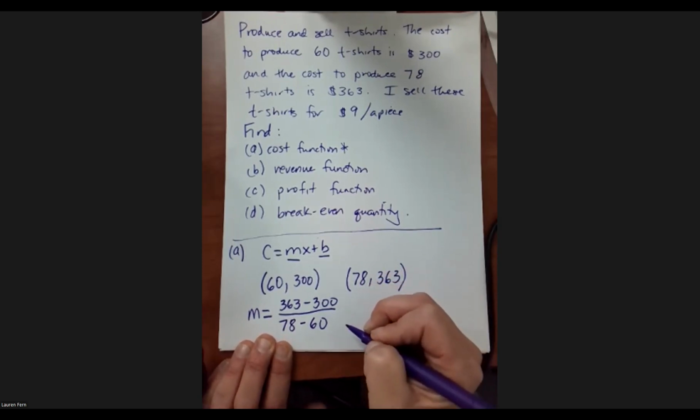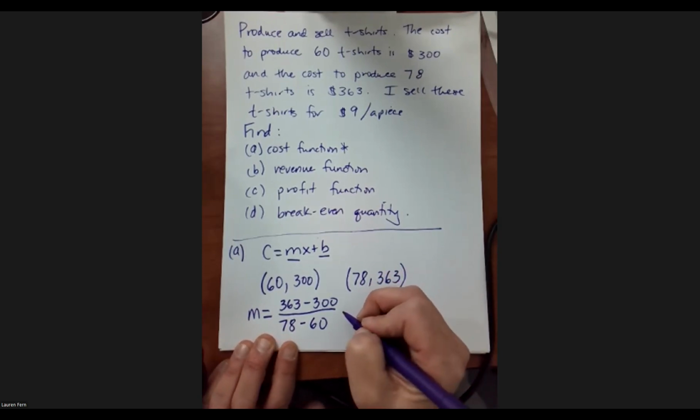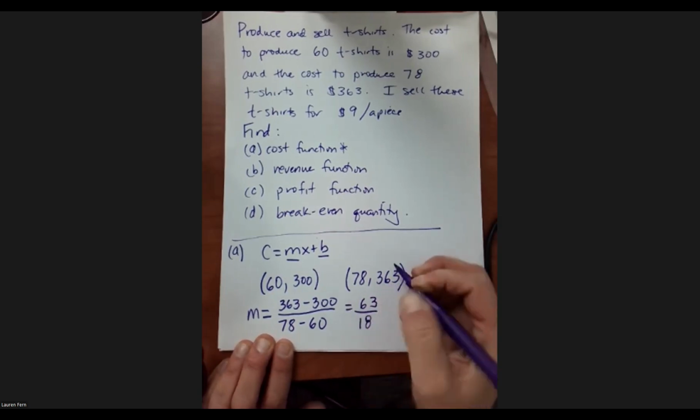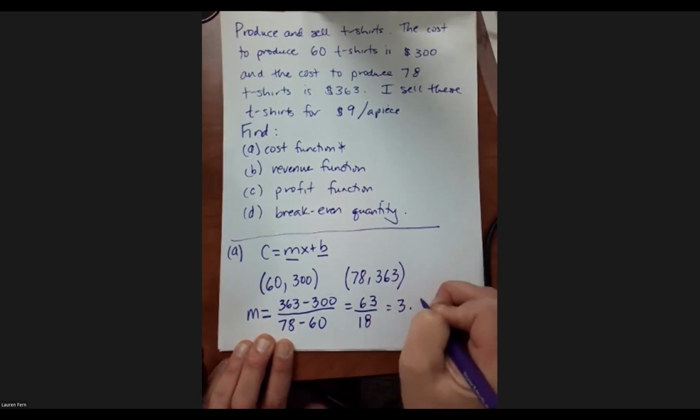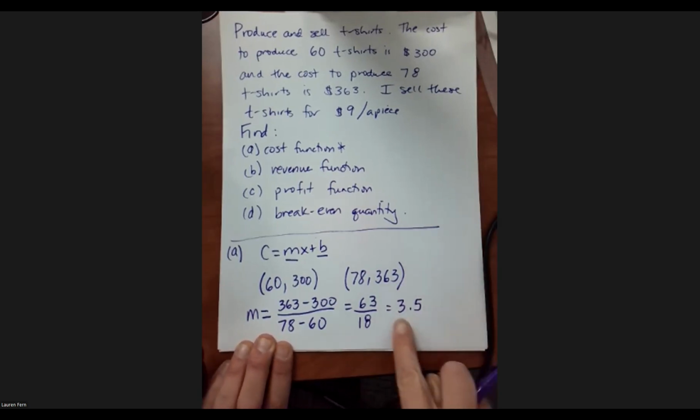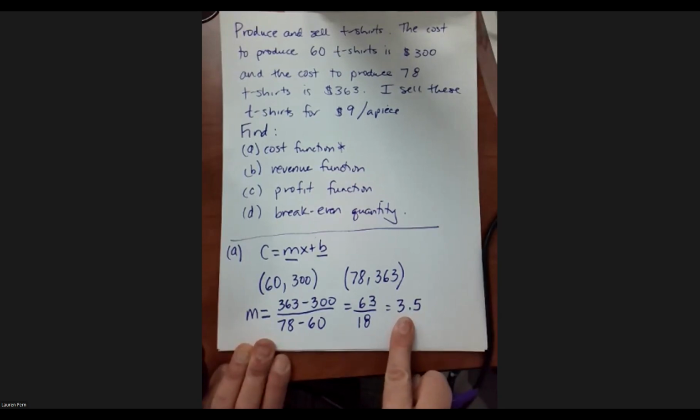I intentionally made these numbers pretty nice. So I have 63 over 18, which gives us 3.5. We have now found our marginal cost, AKA variable cost, AKA cost to produce each t-shirt. It only costs us $3.50.